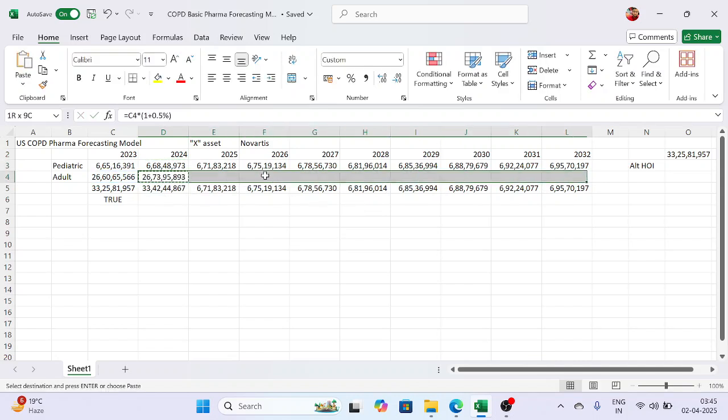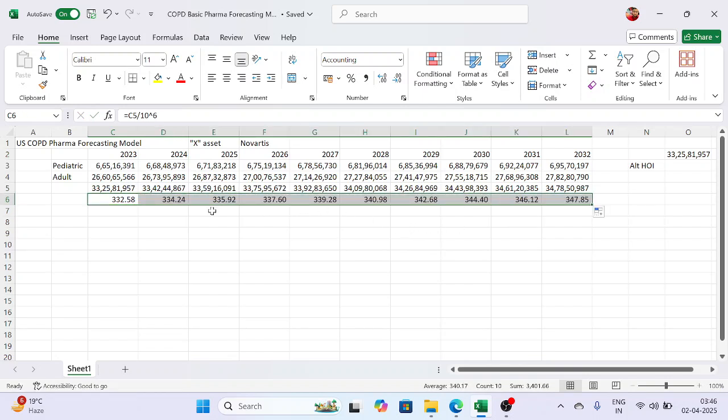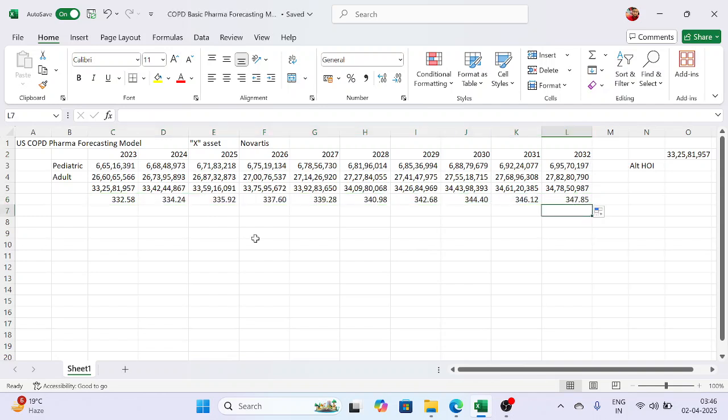We need to check at what rate adult population is growing, right? So with this, if you'll see, at first the population was 330 million, and by 2032 it will be 347 million.